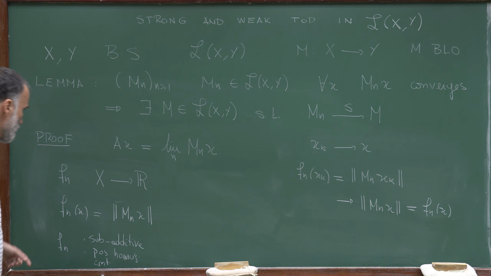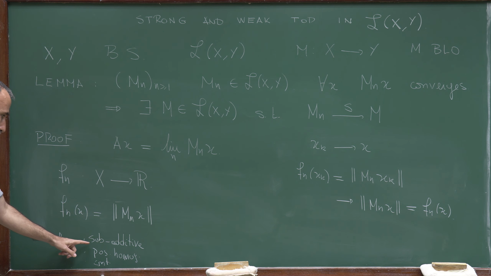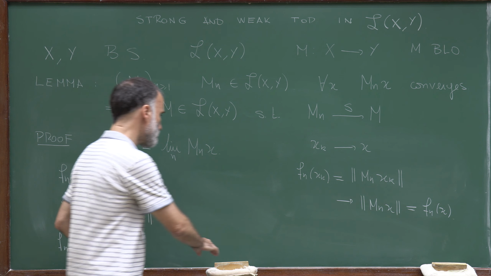So we have proved that the function fn defined by the norm of mn x is subadditive, positive homogeneous, and continuous.